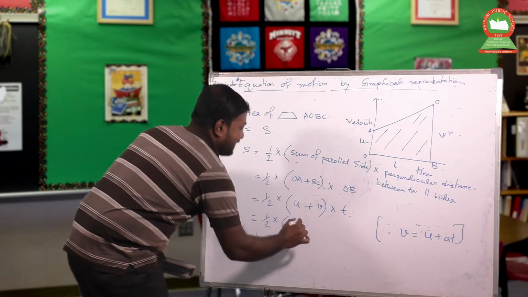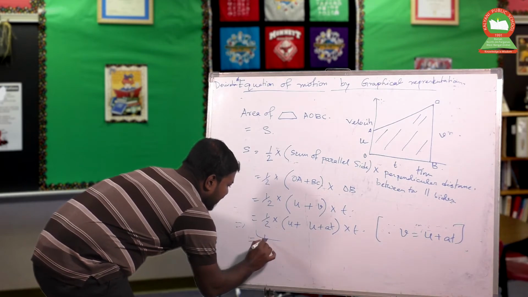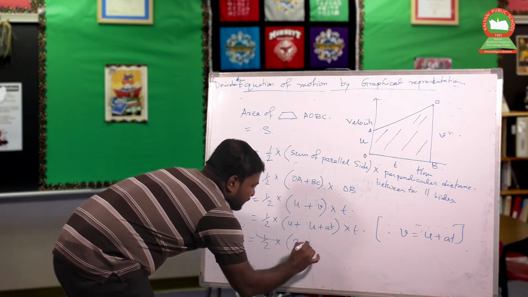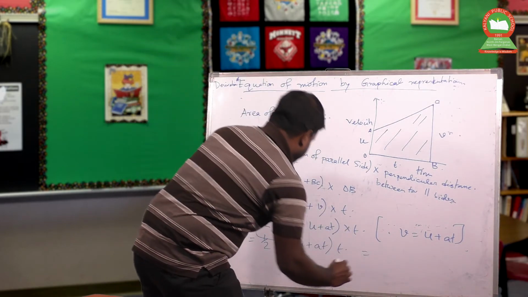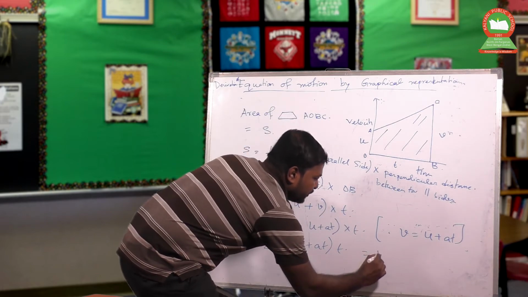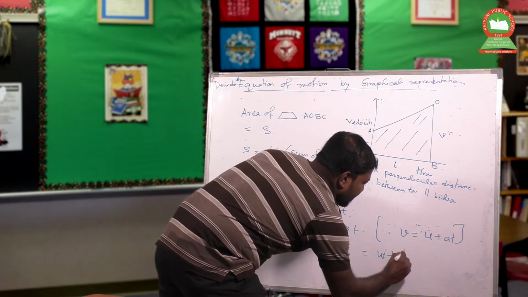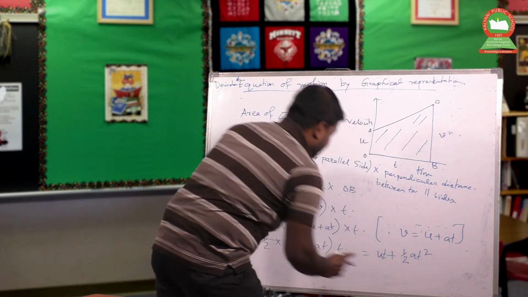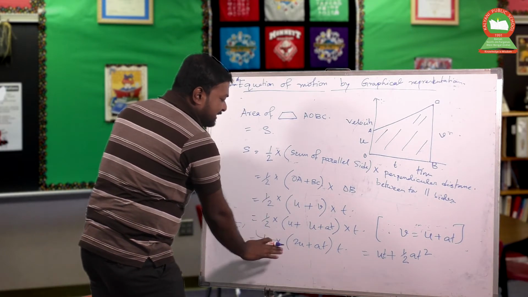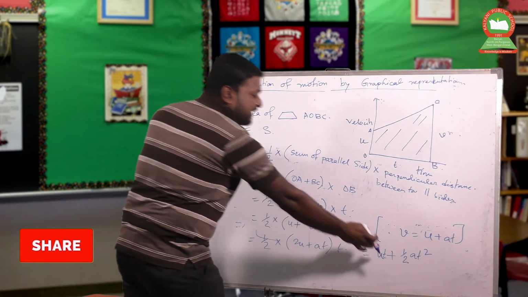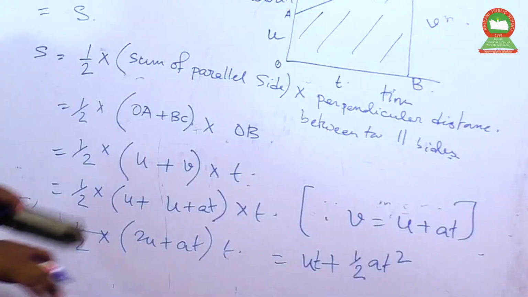So put this value here, U plus AT into T. That would give half into 2U plus AT into T. And finally the result comes: half into 2U into T, the half into 2 cancels out, and that gives UT. Now half into AT into T gives half AT square.